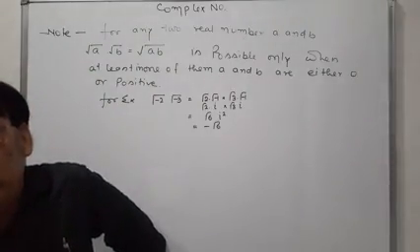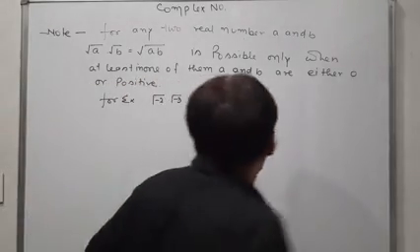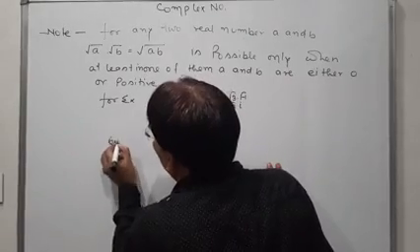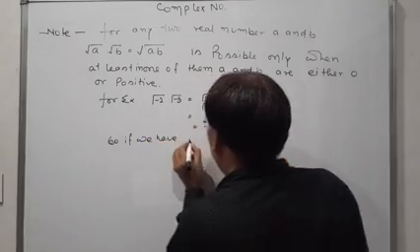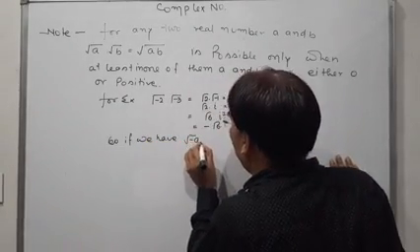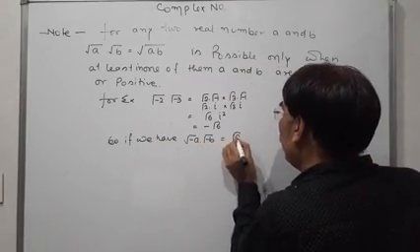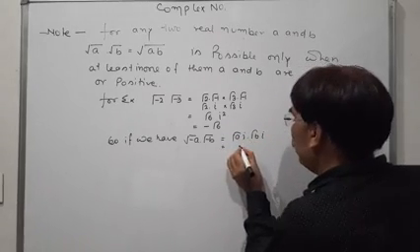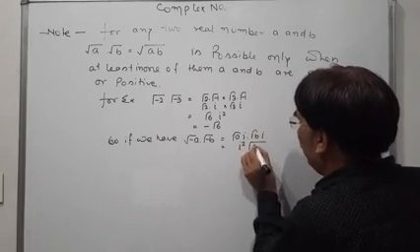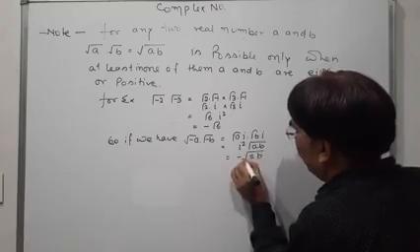So if we have under root minus a into under root minus b, then we write root a i into root b i is equal to i square root ab, which is equal to minus root ab. Is it clear?